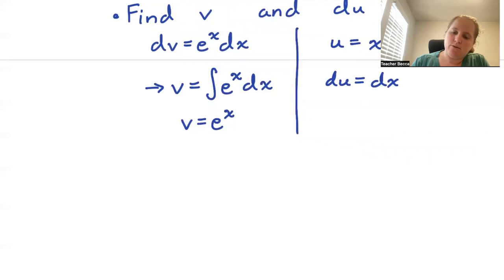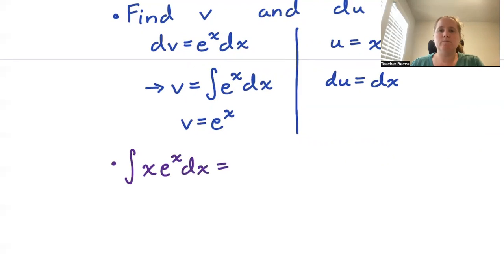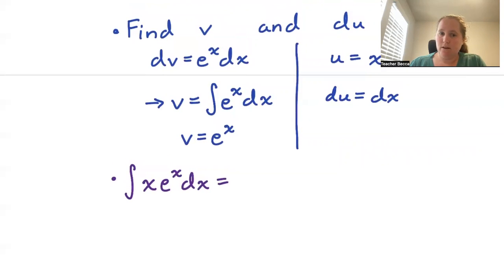So plugging into the formula, we have that the integral of x e to the x dx is equal to, we do u times v. So we have our u was x, v is e to the x. So we have x times e to the x. Then we subtract off the integral of v du.